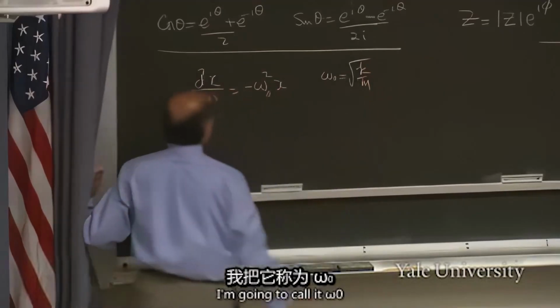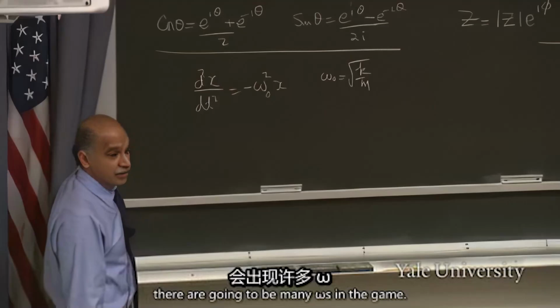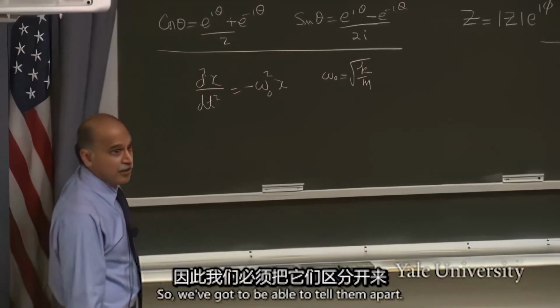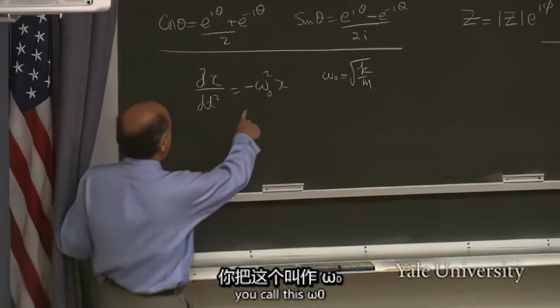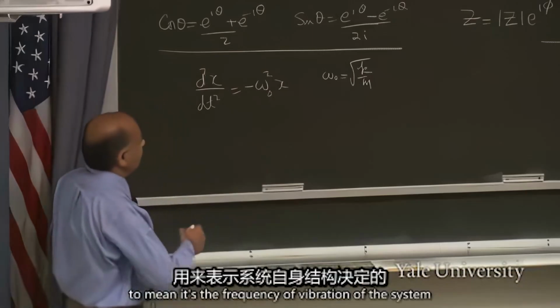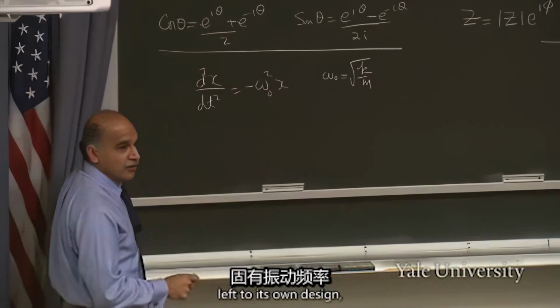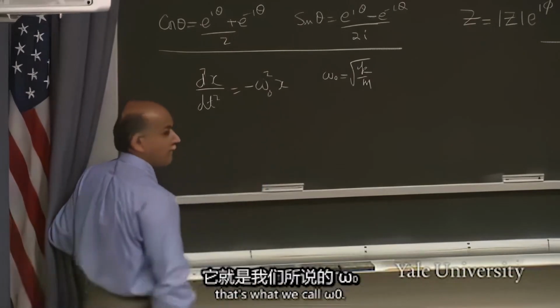I'm going to call it omega naught because we will find as the hour progresses there are going to be many omegas in the game. Two more omegas are going to come in. So we got to be able to tell them apart. As long as there's only one omega in town, you just call it omega. If there are many, you call this omega naught to mean it's the frequency of vibration of the system left to its own design. When you pull it and let it go, what's the frequency or angular frequency? That's what we call omega naught.